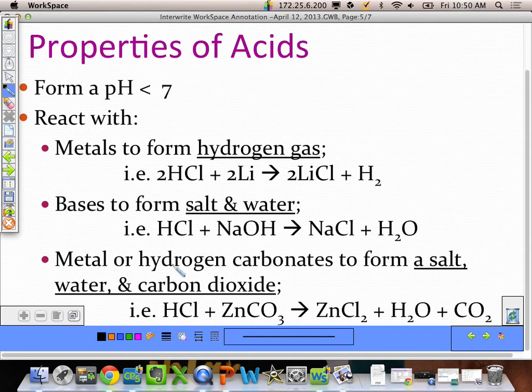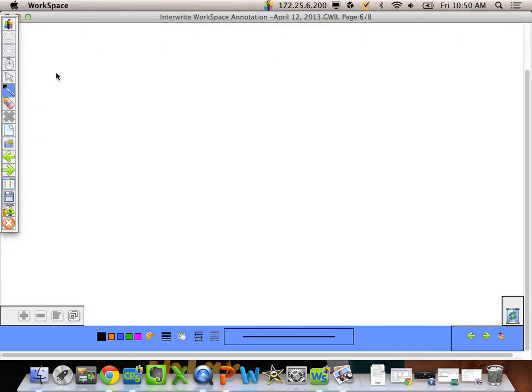Let's look at an example of this last one. So this time, let's use calcium carbonate. What's the charge of calcium? 2 plus. Good. And carbonate? 2 negative. So CaCO3 plus, let's say nitric acid.